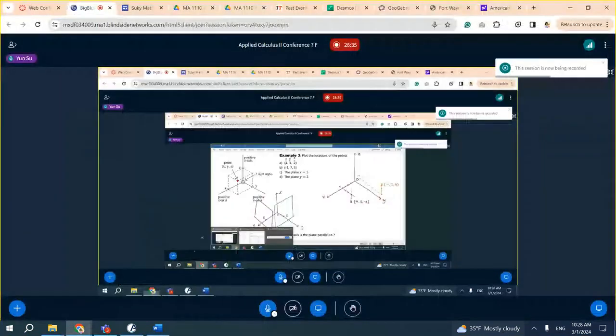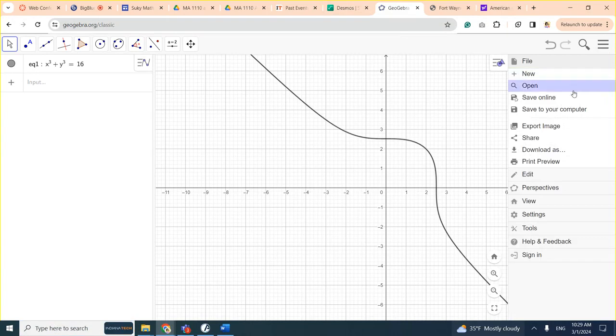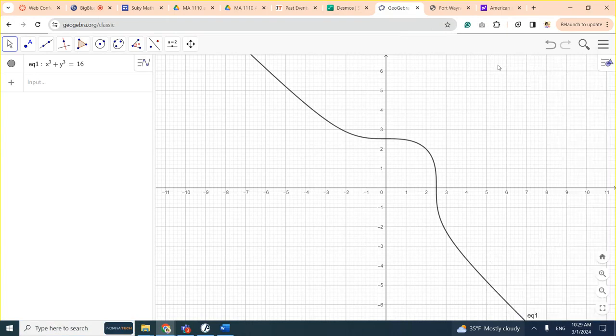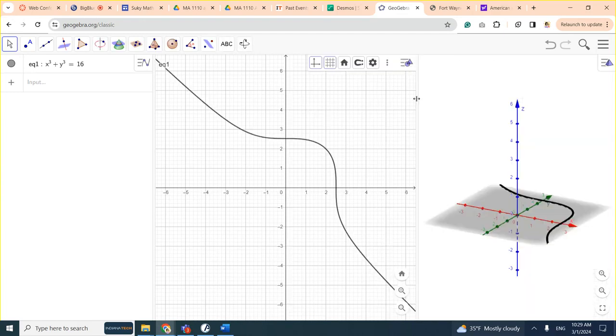So I also suggest that you can use GeoGebra as an online free software. Or Desmos, yes. So here you change to what? The 3D. Okay, 3D graphics. And then now let me not draw this.